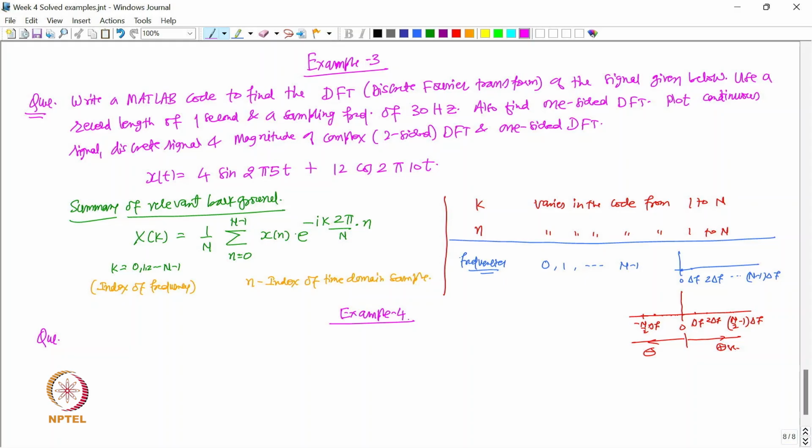In this example we have to solve the previous question by using the MATLAB FFT command.